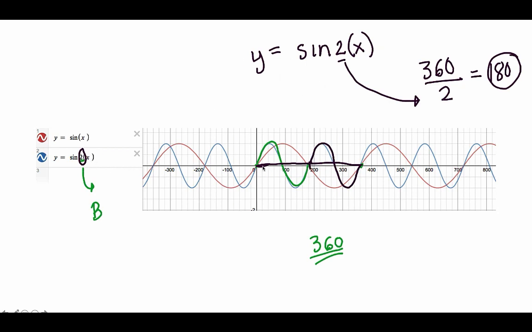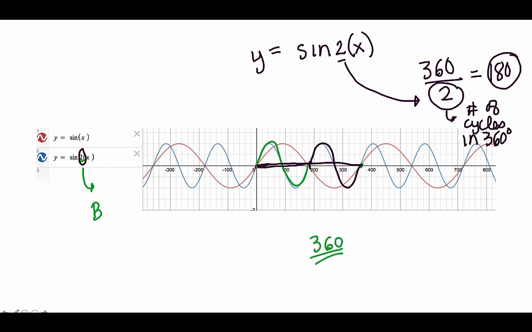The period is the length in the x-axis to complete one cycle. And the function y equals sine 2x has a period of 360 divided by 2, which is 180 degrees.